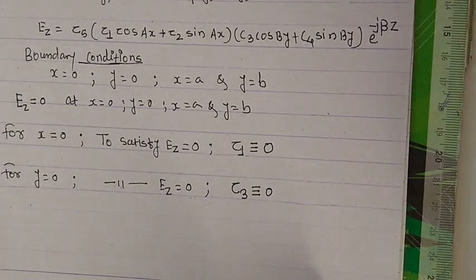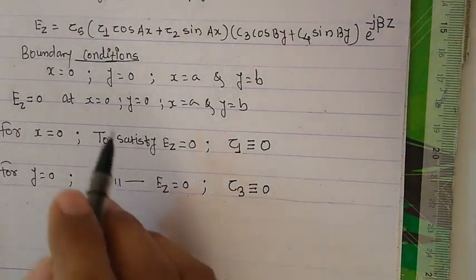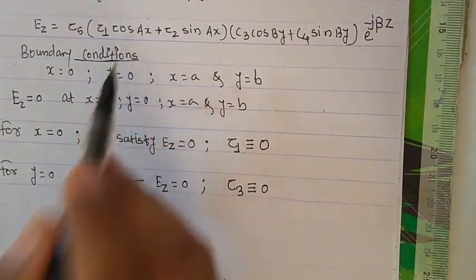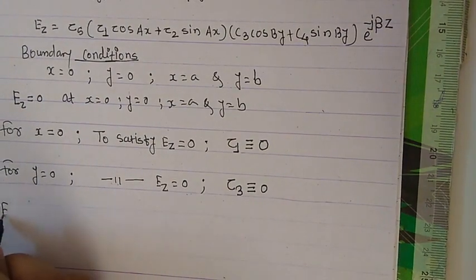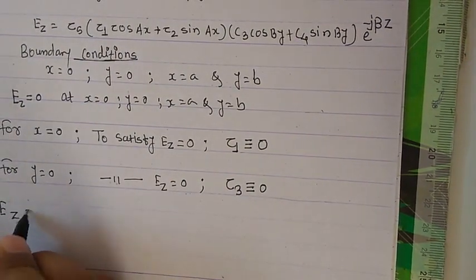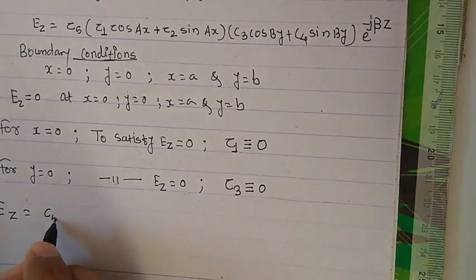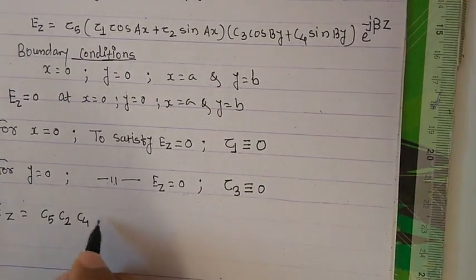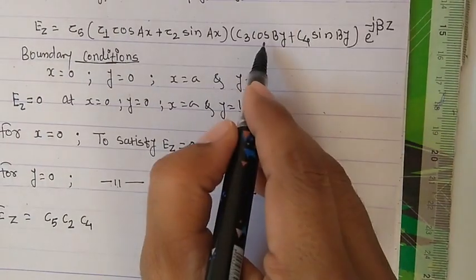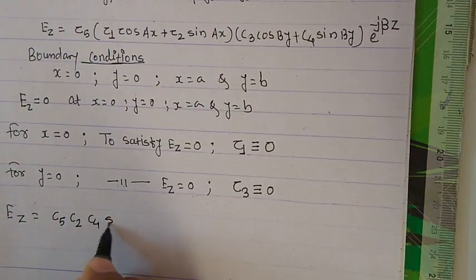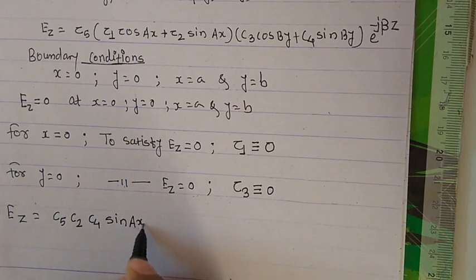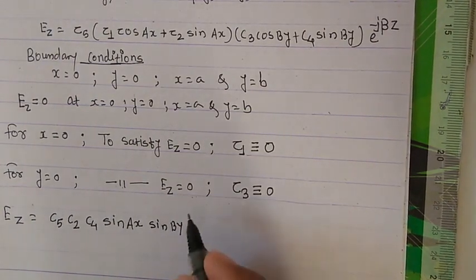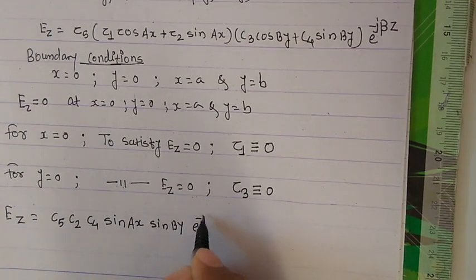So the general solution which satisfies the boundary conditions for x equal to 0 and y equal to 0 will be rewritten, and all constants will be clubbed together, C5, C2 and C4. Because this is 0 and this is also 0, it will be sine ax, sine by, e raised to minus j beta.